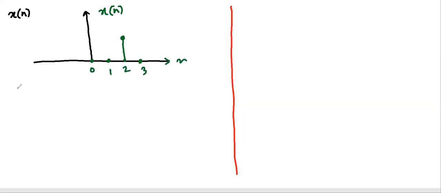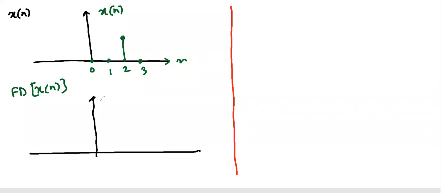Now, first of all, we perform the folding operation of x[n]. After doing the folding operation, we will find x[-n]. And how should it look?